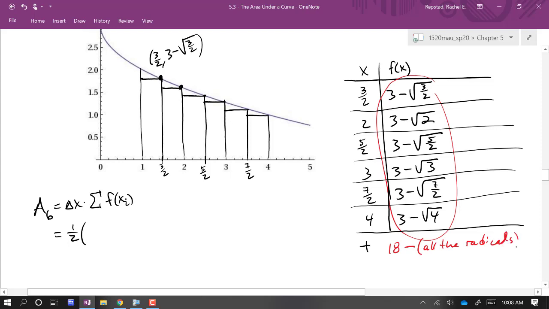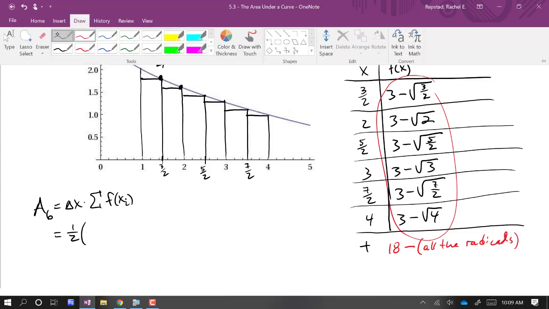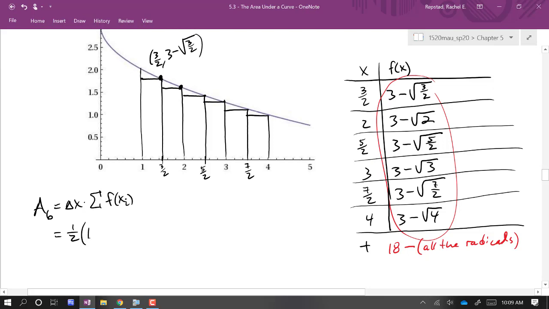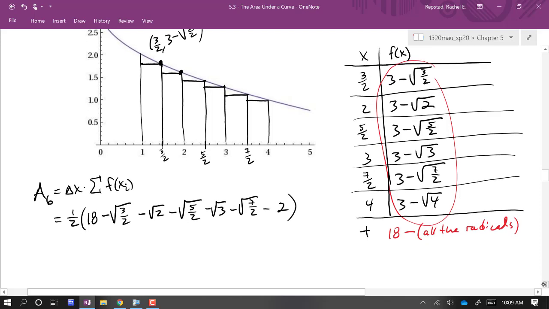And that's how I'm going to write it out over here on the left. I've got 18 minus root 3/2 minus root 2 minus root 5/2 minus root 3 minus root 7/2 minus root 4, or I guess minus 2.